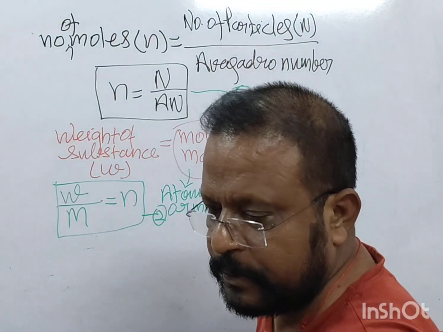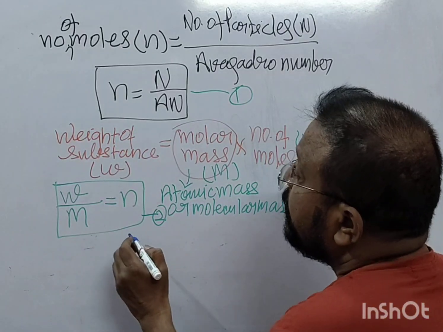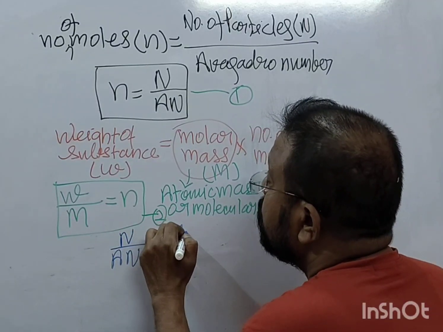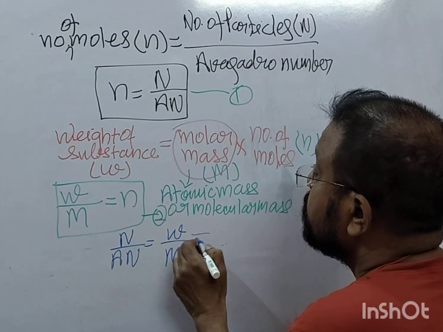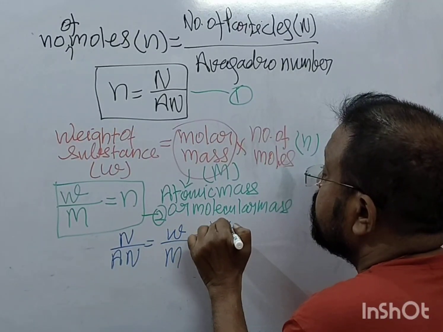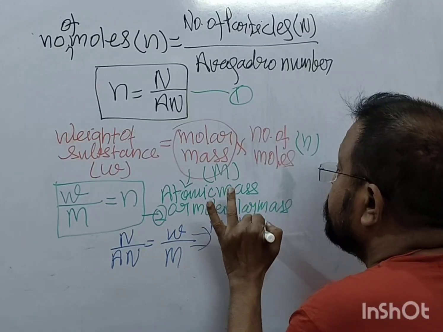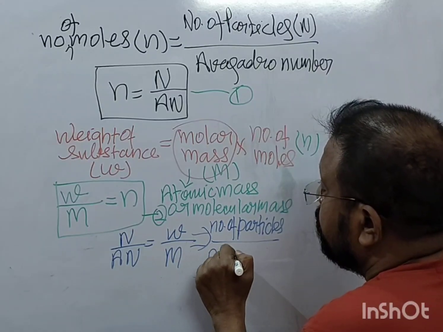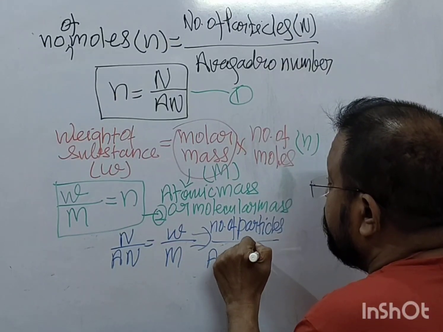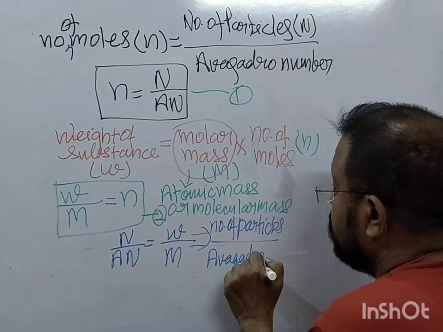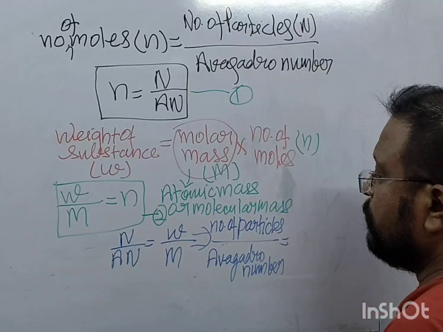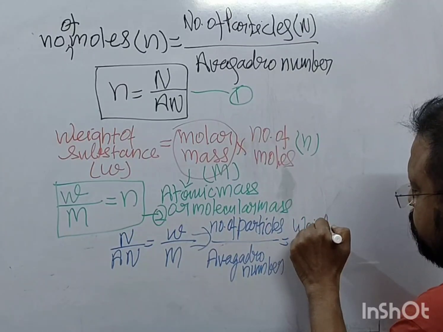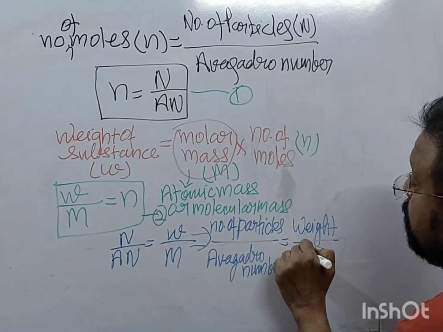On equating, you will get capital N upon Avogadro number is equal to W upon M. Means number of particles upon Avogadro number is equal to weight upon molar mass.